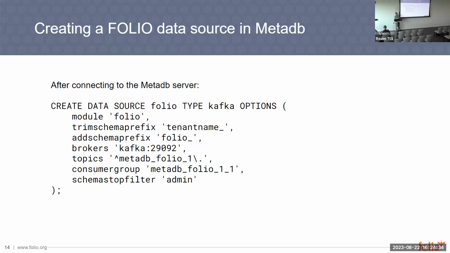These are detailed in the documentation, but I could answer questions about them later. But here again, there's an opportunity to filter out schemas and tables. If you want to be extra sure, you can filter them in both places. There's a schema stop filter, there's a table stop filter, and then we'll add pass filters as well, so you can get more fine-grained filtering.